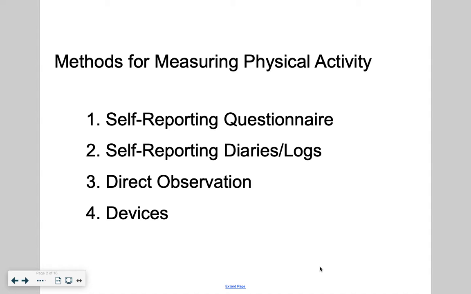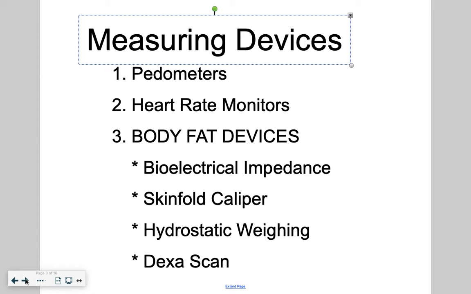It's tough to directly observe all those or get enough people to help you observe them. Whereas with the devices, you can measure different things with the whole class, and it can be monitored, and the data can be kept and stored, so you can look at it at a later time. So the devices are actually the better way to measure the activity.